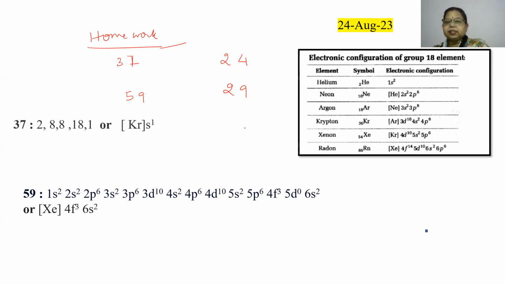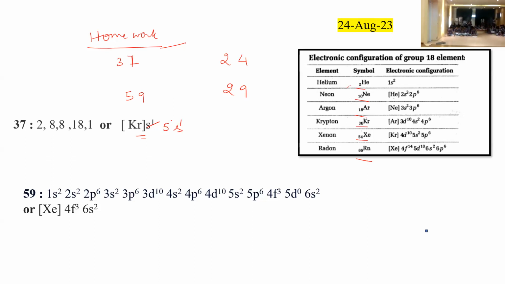It is a concept of, let's say, class 9th. We have done helium atomic number 2, neon 10, argon 18, krypton 36, xenon 54, radon 86. So when I am writing Kr, that means after the configuration of krypton, we have to write 5s1.